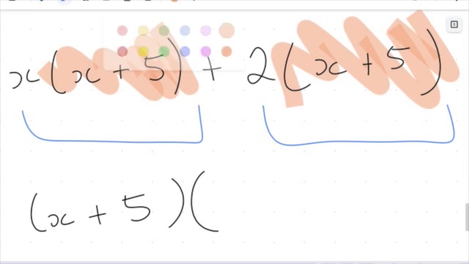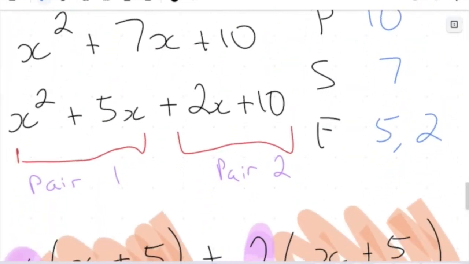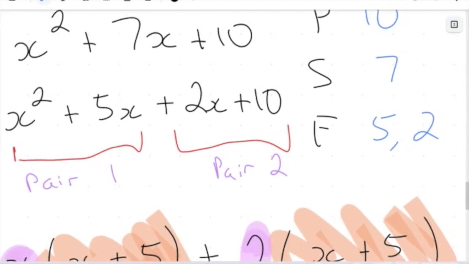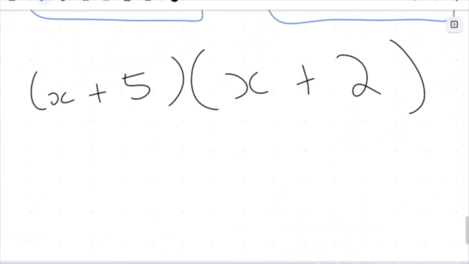Well, I'm left with my x here and my positive 2. I get x plus 5, x plus 2. And this is my final factorized form of this quadratic trinomial, x squared plus 7x plus 10. I have reduced this, going the other way, to a binomial product.